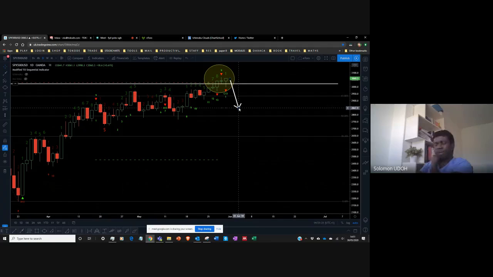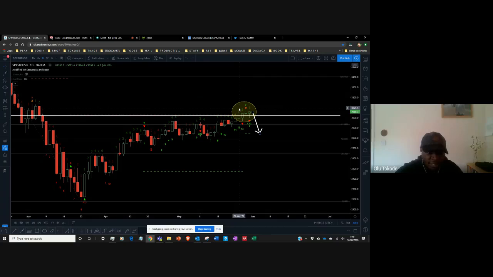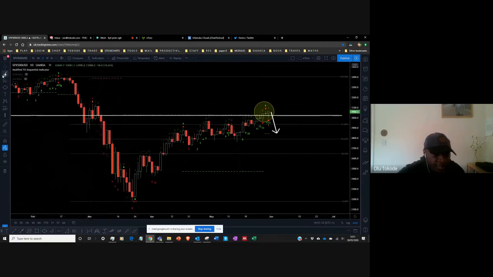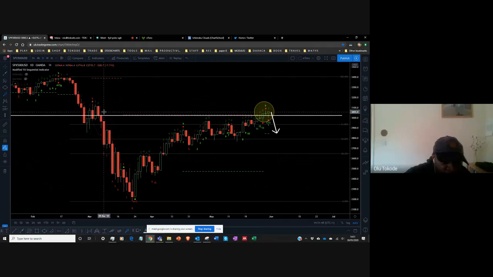When we started counting down during the sell-off, from here, this is candle 1. I don't know if you can see those numbers, 1, 2, 3, 4.